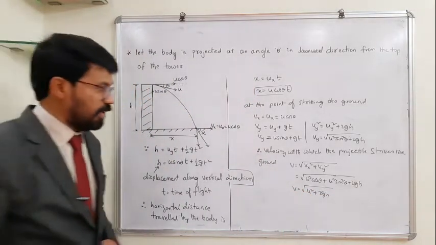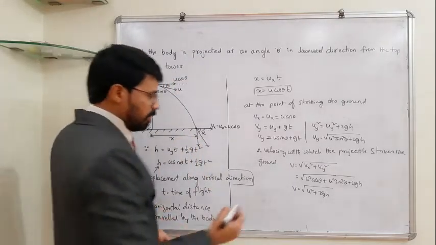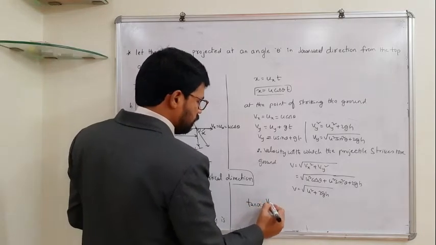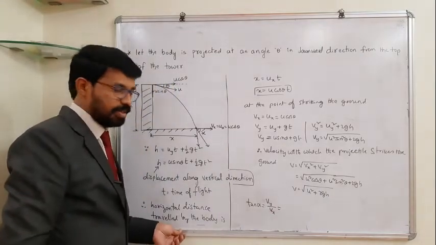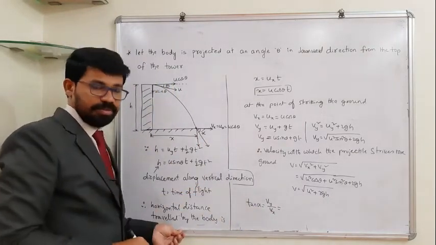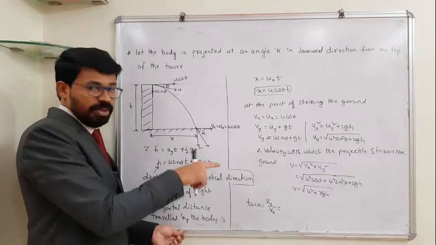the ground. The other point that we can explore is the angle at which it strikes the ground. Take this to be alpha. Tan alpha is equal to vertical component by horizontal component, isn't it? If you are measuring angle with the horizontal, that's how you will be writing. Okay, if you are measuring angle made with the vertical, Vx by Vy.